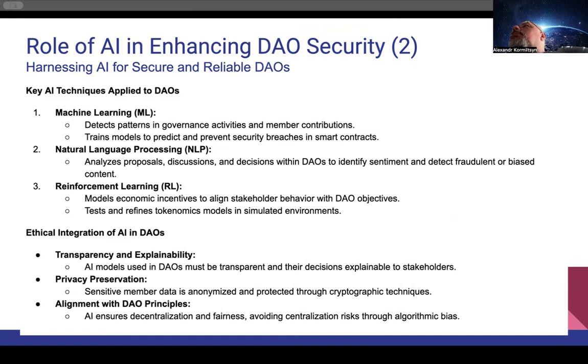The other technique is natural language processing that analyzes proposals, discussions, and decisions within DAOs that are expressed in natural language to identify sentiments, maybe detect fraudulent or biased content. So there you can already do some upfront screening of the language as such.